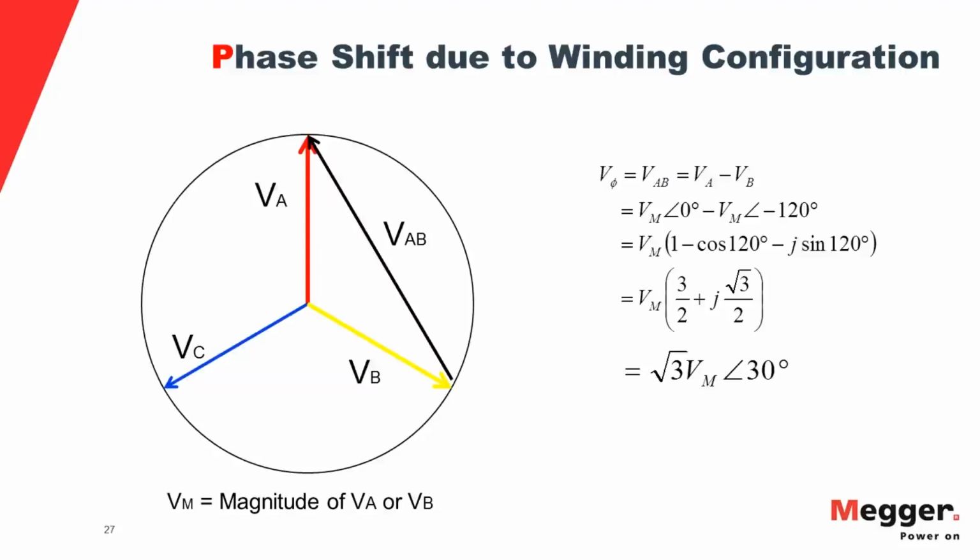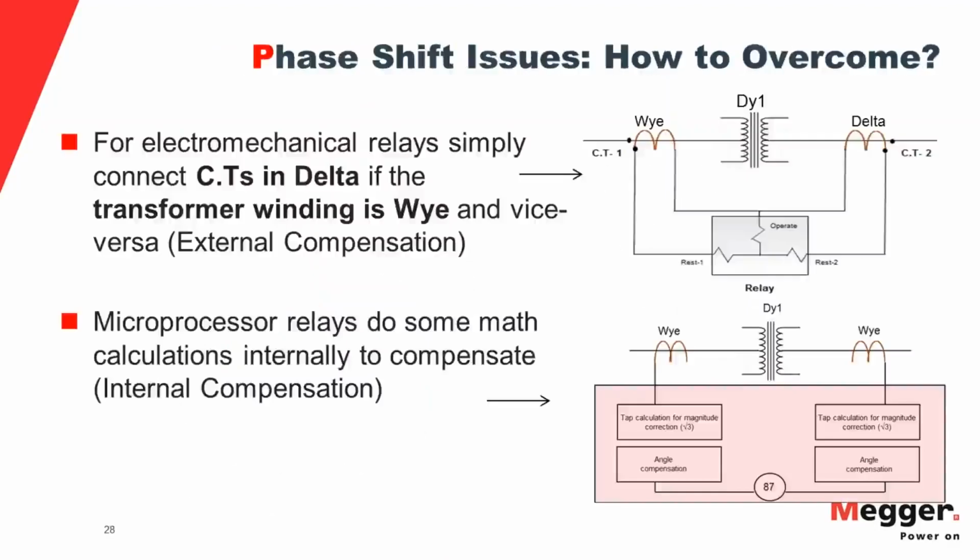Now this delta effect on the CTs and transformer winding will have a 30-degree effect coming into the relay on the winding one side. Similarly, the winding two side will see a 30-degree effect. And this 30-degree effect on both sides will compensate for each other, and there would be no current in the operate winding if everything is ideal. So that's how you would compensate for the phase shifts in electromechanical relays. That's the only way in electromechanical relays.